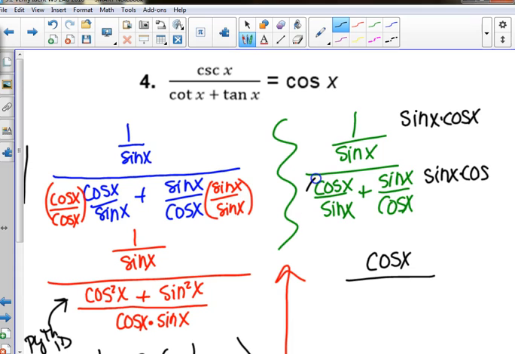On the bottom, I'm distributing, and I don't want to write it out 10 times, but sine cosine times cosine over sine, what would happen? If I multiplied this times this, the sines would cancel. If I multiply this times this, sine squared, cosines cancel.